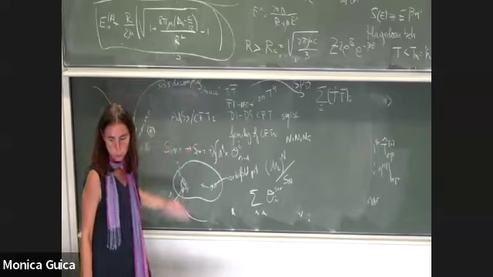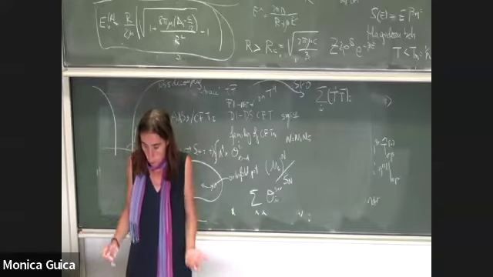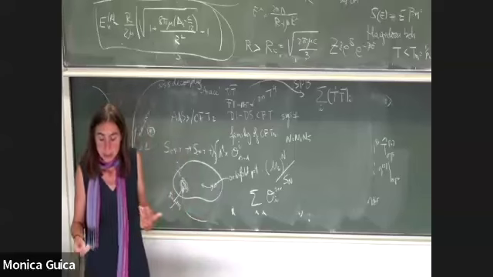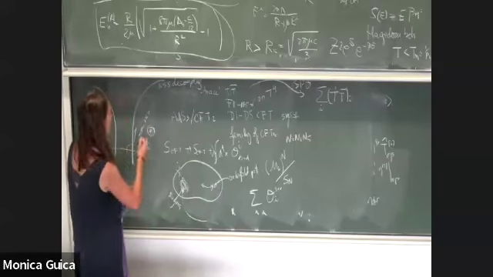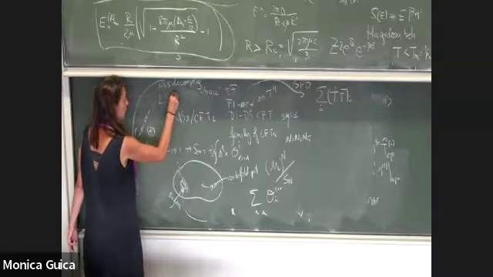Which is supposed to give you some theory that's decoupled from gravity, so that's nice. It's supposed to be holographic, but it's not a field theory. The theory is supposed to be a string theory, and it's called little string theory.